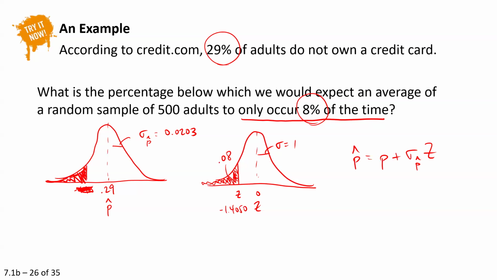So here we're trying to find a p hat. That's the standard error, the 0.0203.